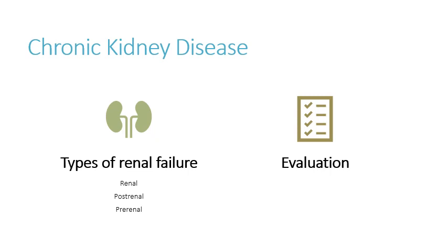I want you guys to know what microalbuminuria is, and the normal albumin to creatinine ratio is less than 30. That's normal. If your ratio is increasing from 30 to 300, it signifies microalbuminuria.